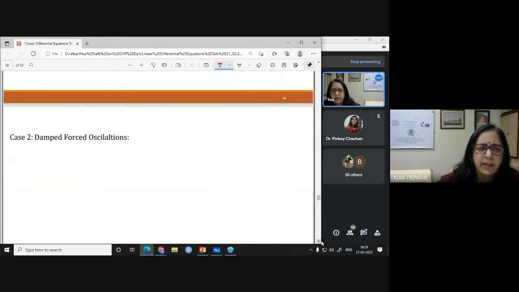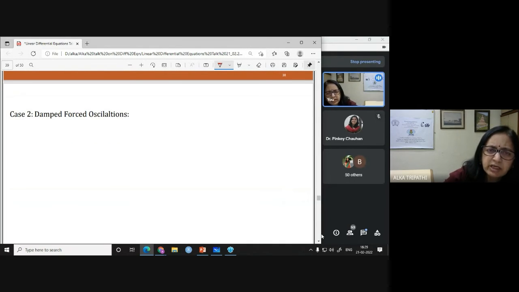If we consider the case in which c is greater than 0, that is the damped case, then our equation was m y double dash plus c y dash plus ky equal to f naught cos omega t.